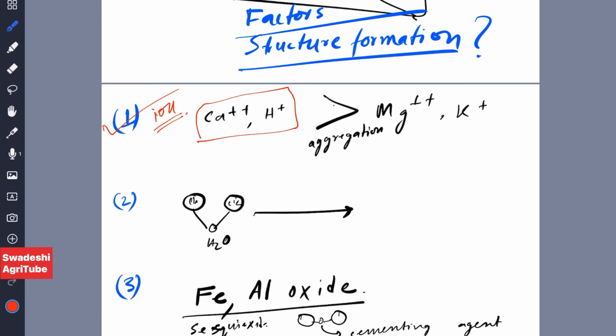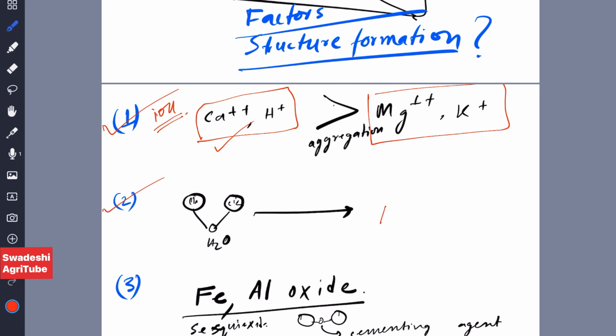Suppose there is a soil having a high concentration of calcium plus and H plus ions, and another soil has a high concentration of magnesium and potassium ions. Soil having the calcium and hydrogen ions will have more aggregation compared to the soil having the Mg++ and potassium ions. So that's the important point you have to remember. A question may come from this point.